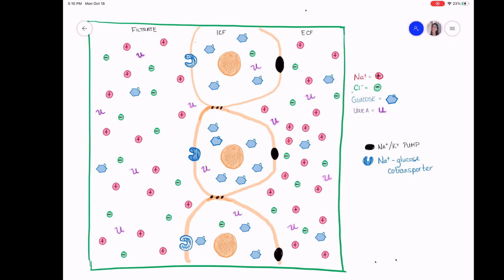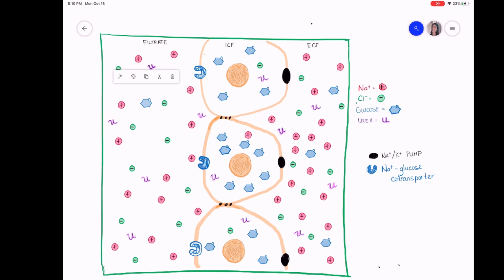So now I resume transporting my glucose and my sodium together across the apical membrane with my sodium glucose cotransporter. At this point, I have 2 glucose molecules left in the filtrate, so I can do this transport 2 more times before I run out of glucose, and therefore I can no longer use that transporter.